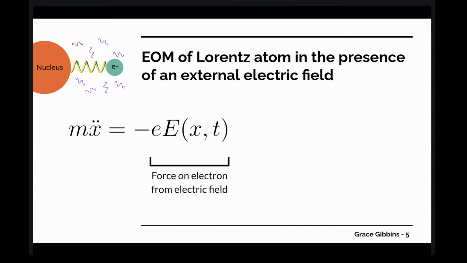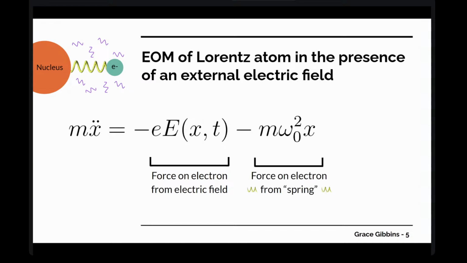To start our equations of motion, the first force is the force on the electron from that incident electric field that we were talking about. The next force comes from the actual spring, with omega naught as the characteristic frequency of that spring, which will depend on the atom itself or the material properties.